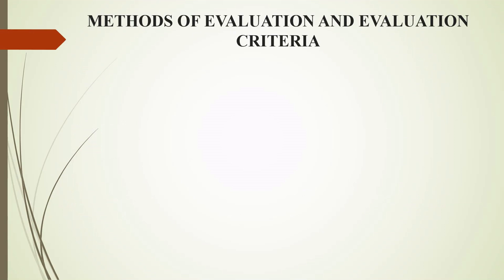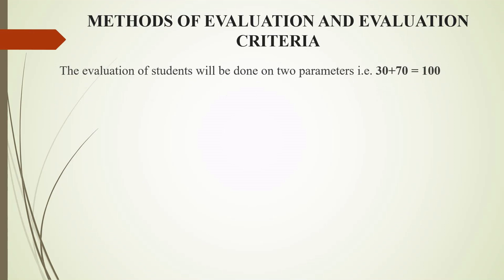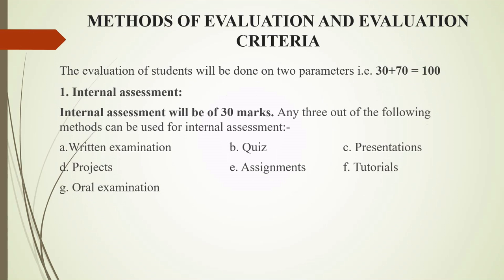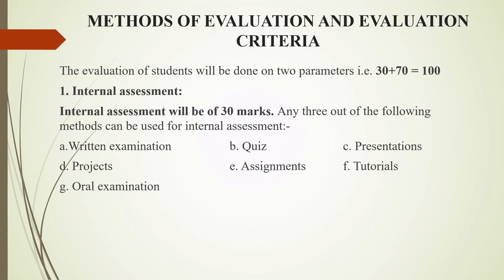Now, let us see the method of evaluation and evaluation criteria. The evaluation of students will be done on two parameters, that is 30 plus 70. First, internal assessment. Internal assessment will be 30 marks. Any three out of the following methods can be used for internal assessment.